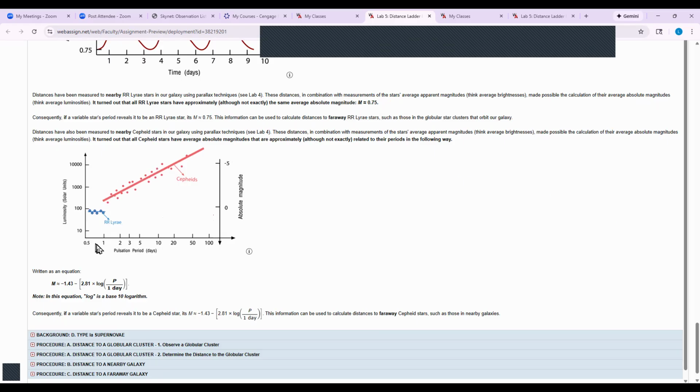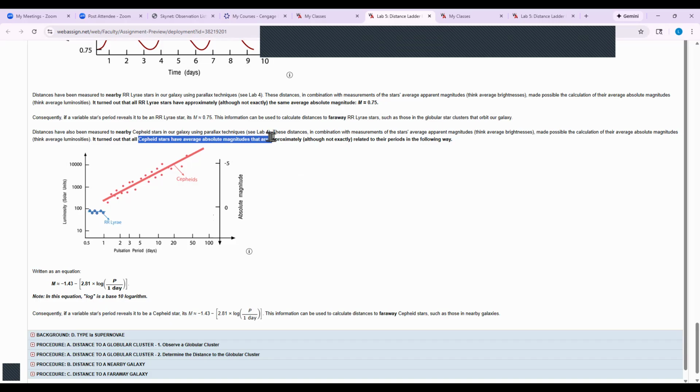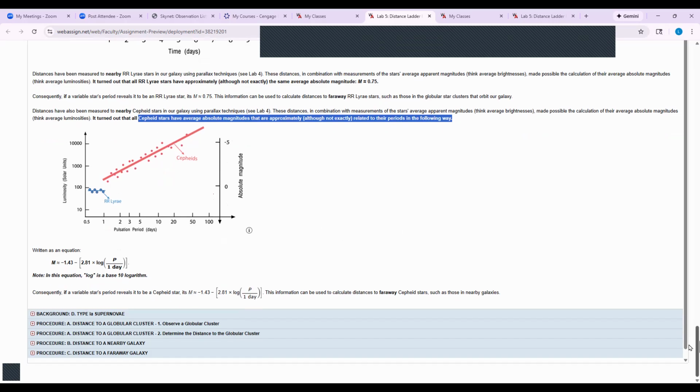But it's actually not linear, because here it is the period of pulsation against luminosity, and it is based on a logarithmic scale. That's the reason it turned out that every Cepheid star has an average absolute magnitude approximately related to its period. It's not constant, as we see for RR Lyrae.